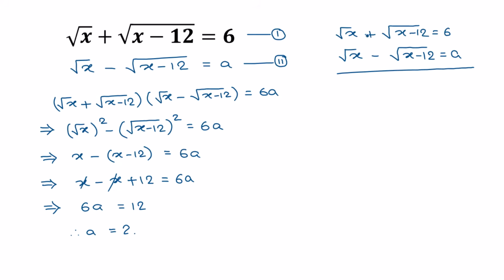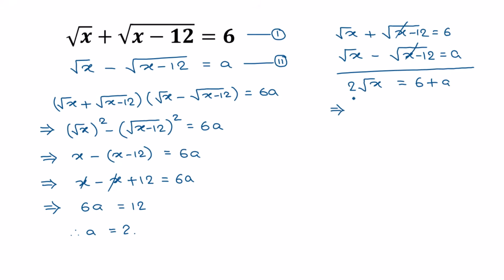So this positive square root of x minus 12 and negative square root of x minus 12 will cancel, and it will be square root of x plus square root of x, 2 times square root of x, is equal to the right side, it will be 6 plus a.